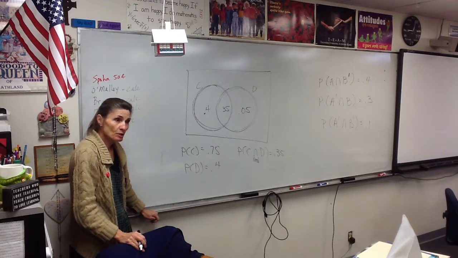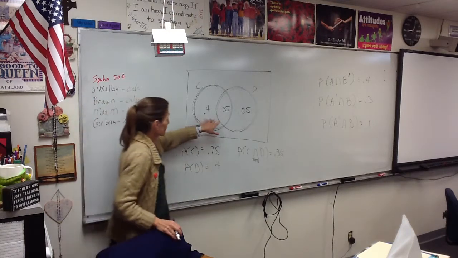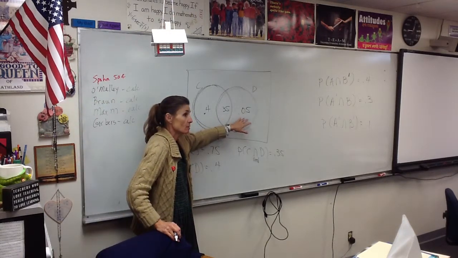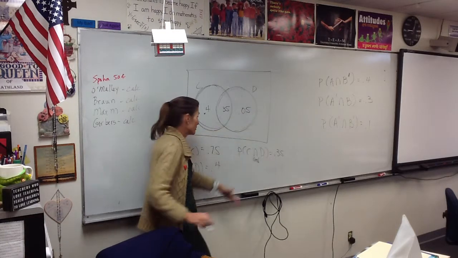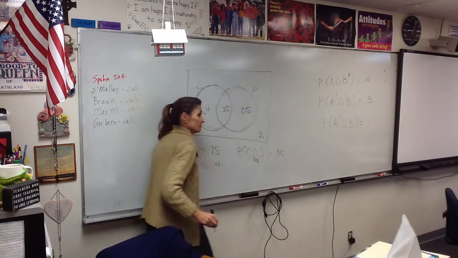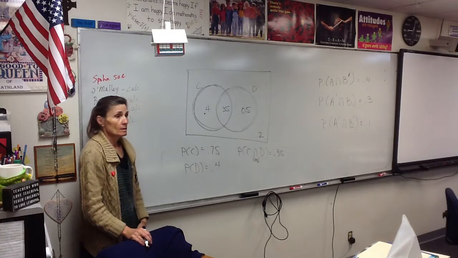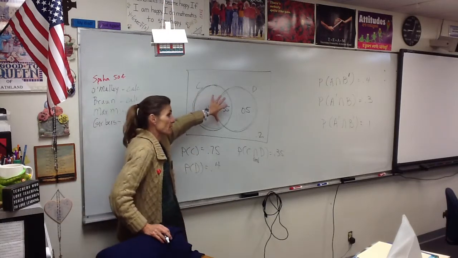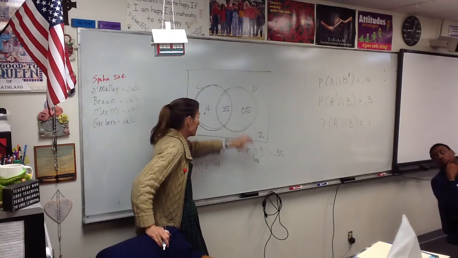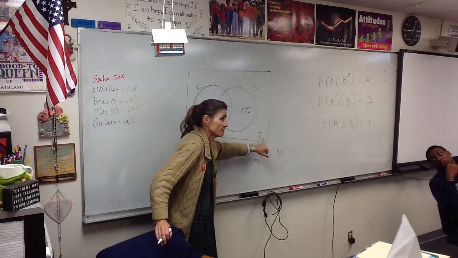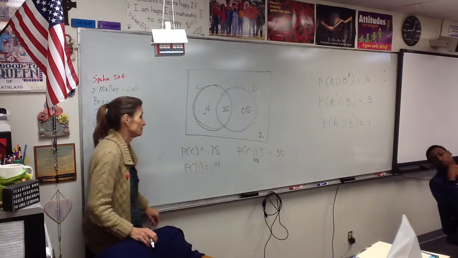Now what does that add up to? 0.8? What does that mean? There's 0.2 on the outside. So if these are the people that like pancakes, and these are the people that like waffles, then these are the people that don't like either one.